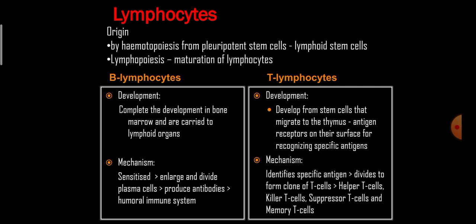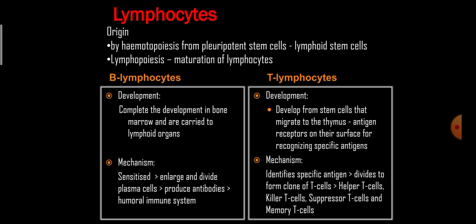So in the thymus, they acquire antigen receptors, which means they can identify and recognize specific antigens. That is the development.